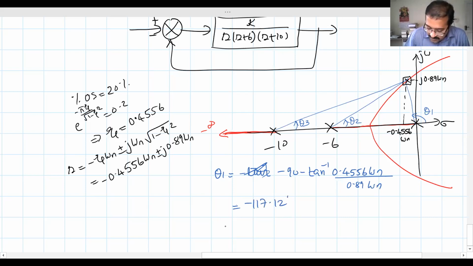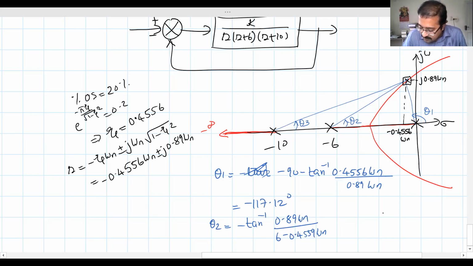What will be theta 2? Minus tan inverse of 0.89 omega n divided by 6 minus 0.4556 omega n. And theta 3 is minus tan inverse of 0.89 omega n divided by 10 minus 0.4556 omega n.